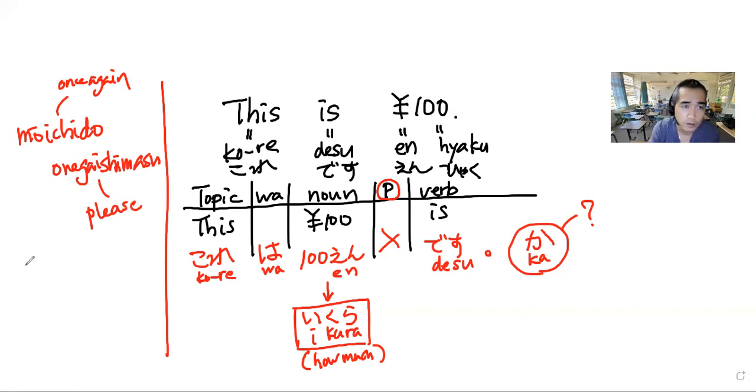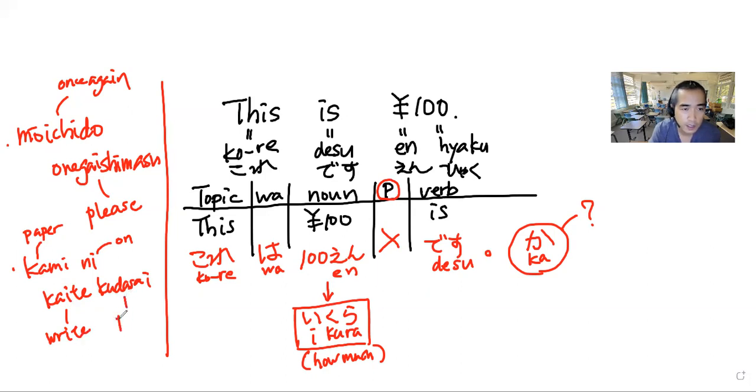Also, even if they speak slowly, if you don't understand, you can say this one. 紙に書いてください。紙 is paper. に is on. 書いて is write as a request. ください is a polite way, which we can translate as please.